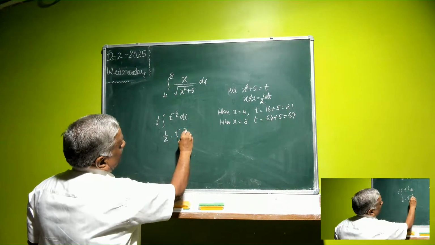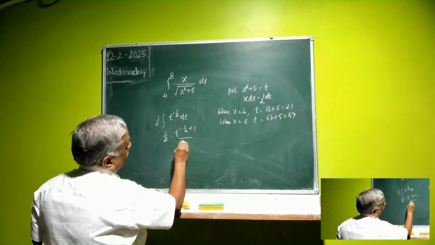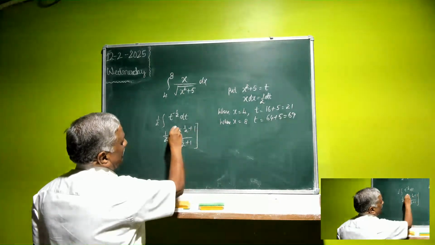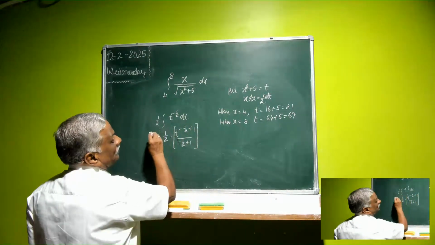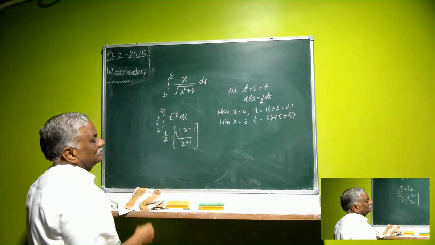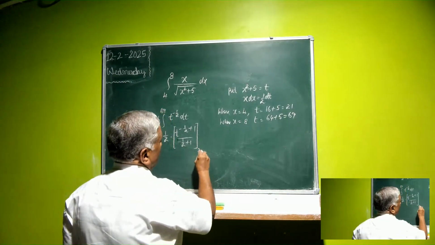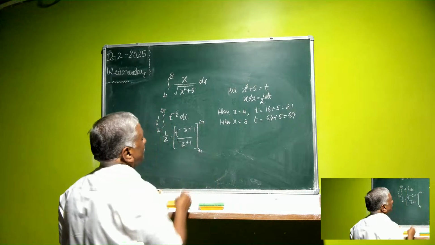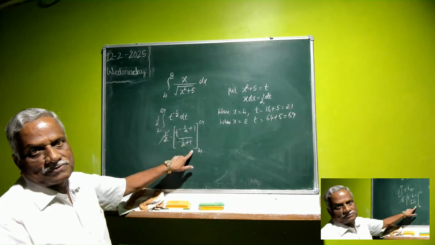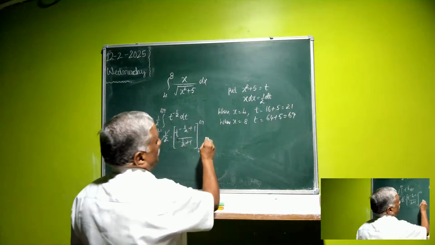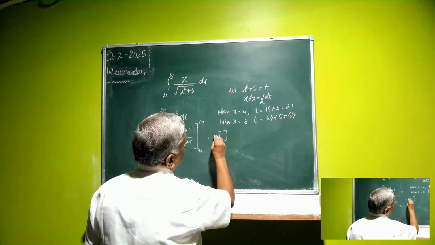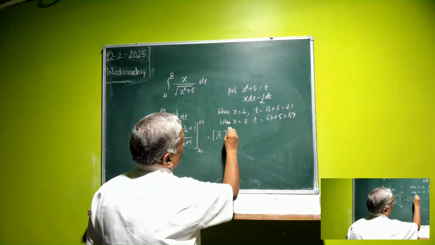T to the power of minus half plus 1 by minus half plus 1, between the limits 21 to 69. These two will cancel because minus half plus 1 is plus half, that will cancel. So you get t to the power of half, that is root t, from 21 to 69.